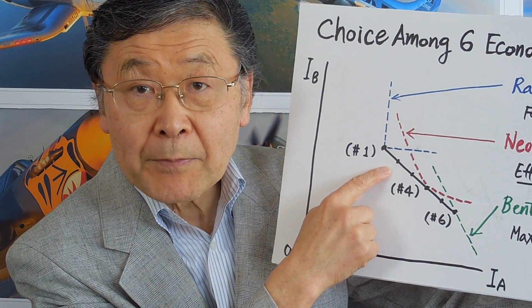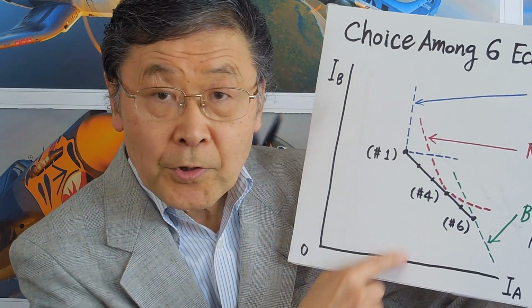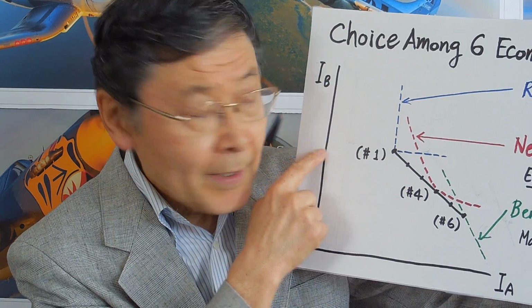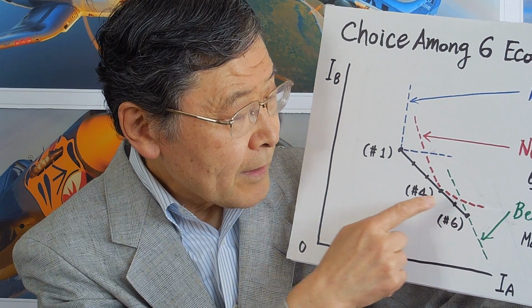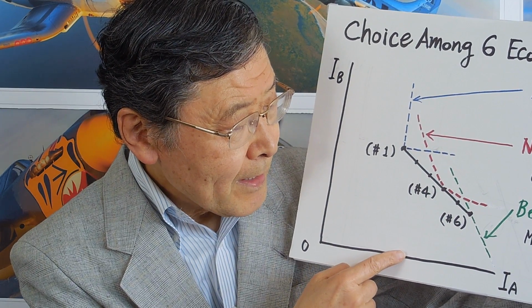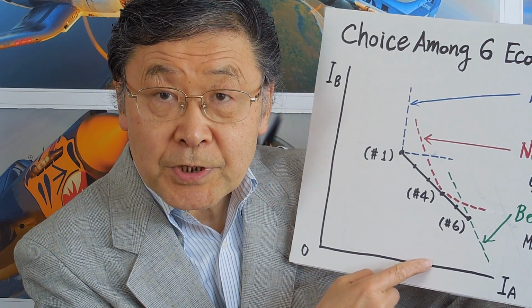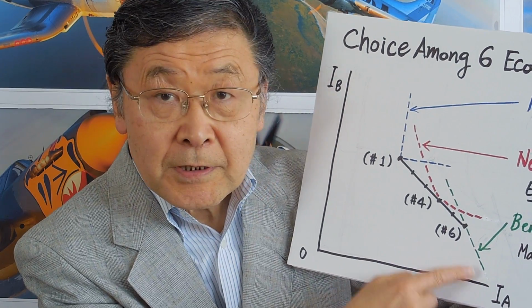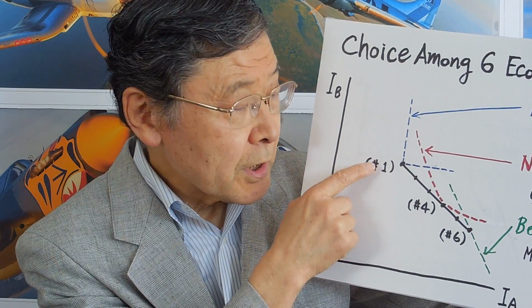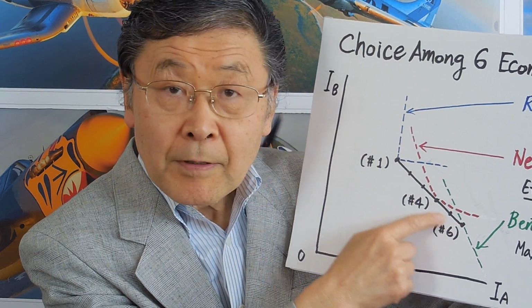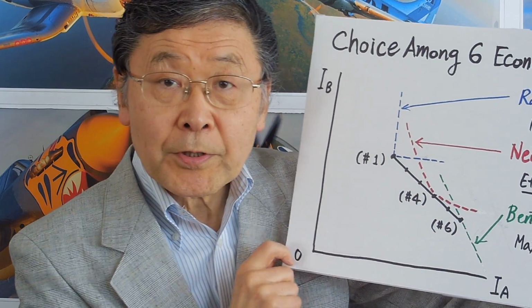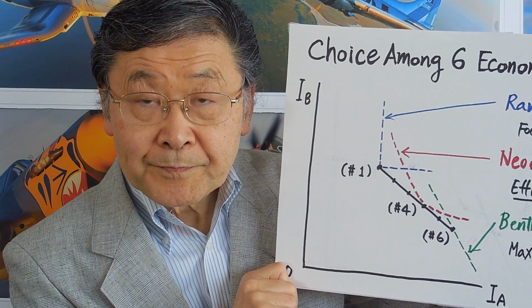Here, economy number 1 gives the same income levels for group A and group B. And then number 2, number 3, number 4, that is that as the rich group's income increases, the poor group's income will decrease gradually. Okay? Which point to be chosen?